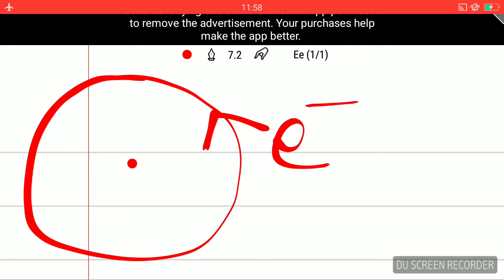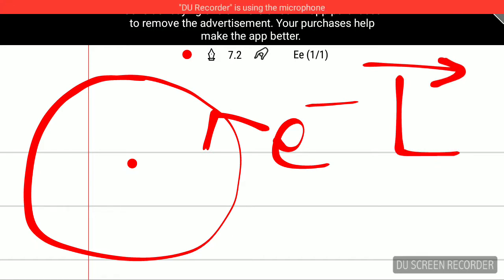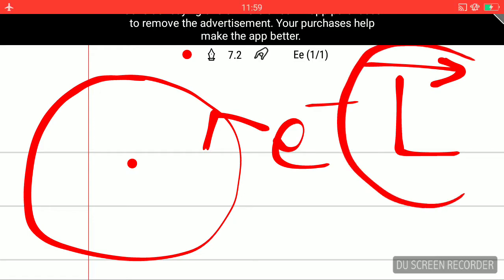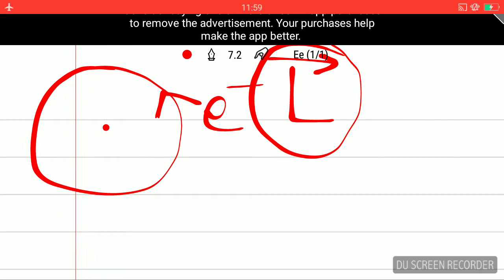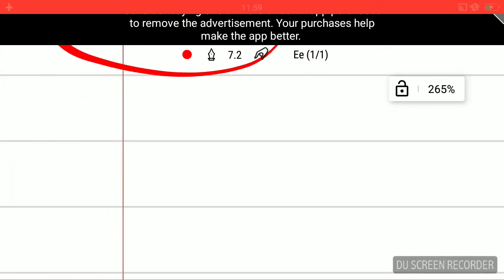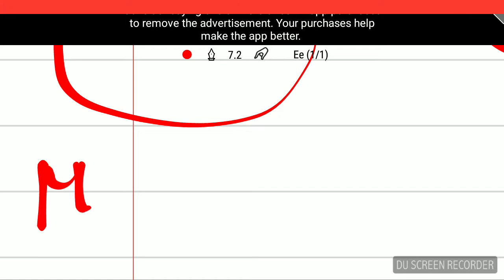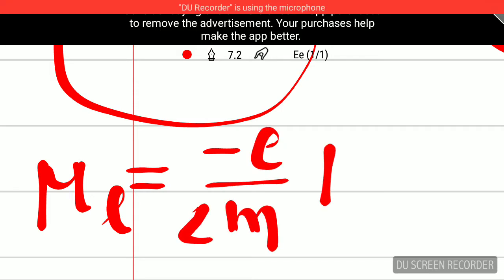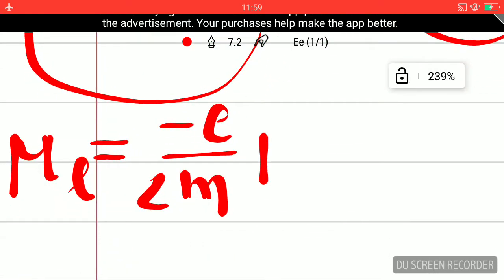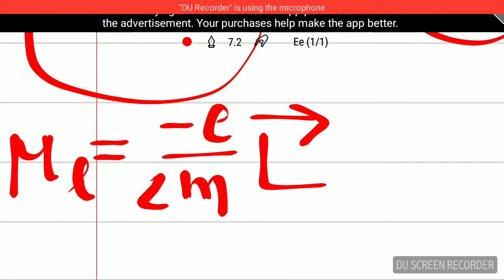The electron revolving around the orbital path gives rise to the angular momentum L. Due to this orbital motion, there is a magnetic moment associated with it, called mu L, which equals minus e upon 2m times L.